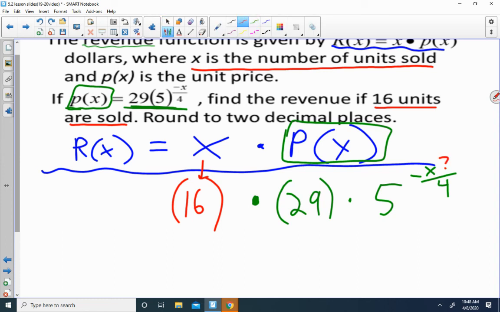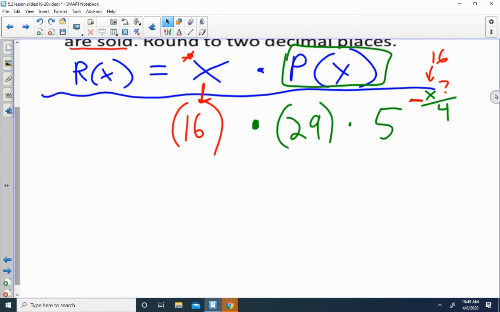What the heck is x? Oh, x is the number of units, which we said was 16. So for the x, you'll put in 16. But of course, the negative in front will mean that it's going to be negative 16. So let's see what happens when we do all that.